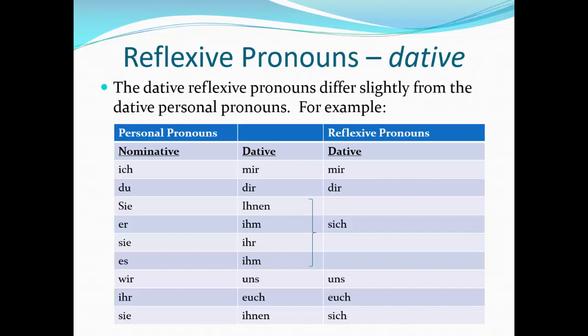Now, the right-hand column are our reflexive pronouns in the dative. So mir and dir, those stay the same. But then we have ihnen, ihm, ihr, and ihm. Those will all be sich. Okay, uns and euch stay the same. And then our last one for the plural they, ihnen, becomes sich.